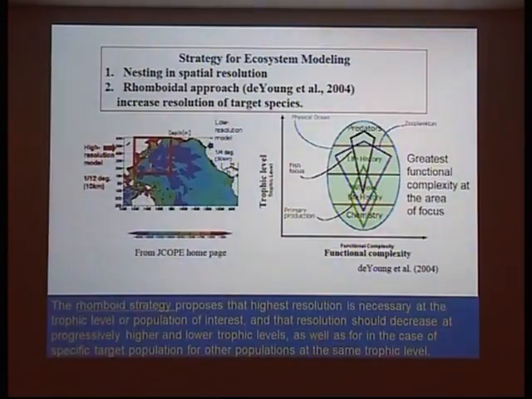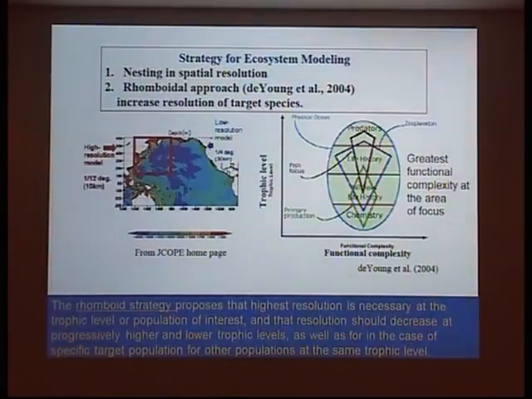reducing not the spatial resolution, but the area that you're looking at, and define a very precise scientific question. Depending on that scientific question, you need to set up your model system.